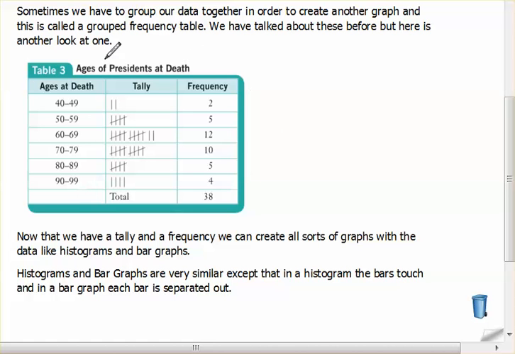So now once you have that frequency diagram or a frequency table, you can do a lot of different stuff with it. A lot of different types of graphs are formed off of those frequency tables. So we're going to see a couple of those here. Let me flip the page.